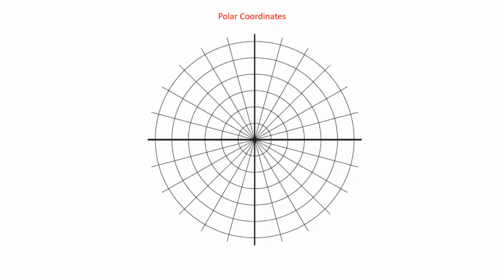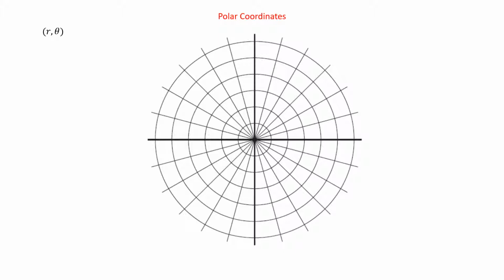The origin is also called a pole. We have a polar axis, and then we have two coordinates: a radial coordinate and an angular coordinate, that would be r comma theta.